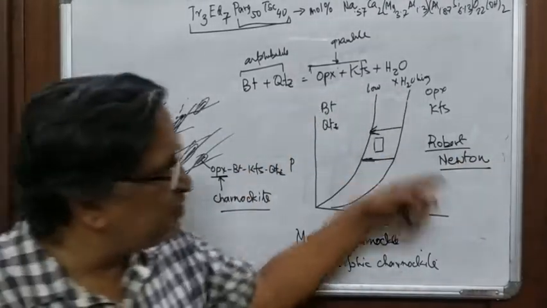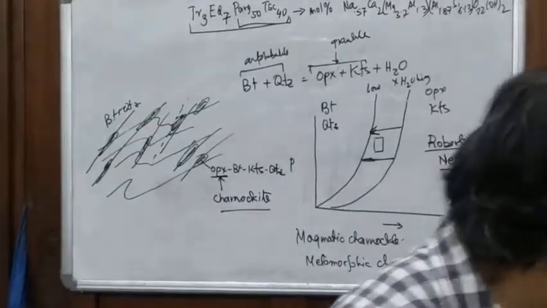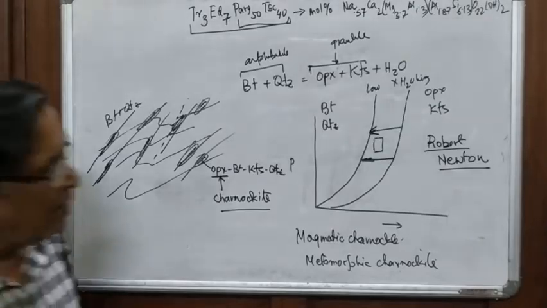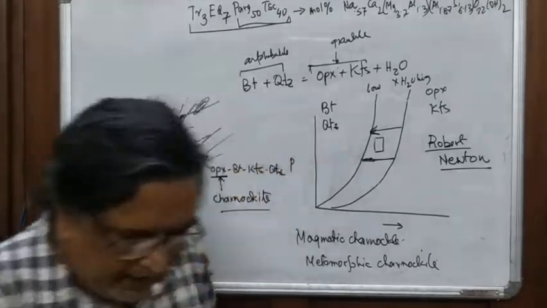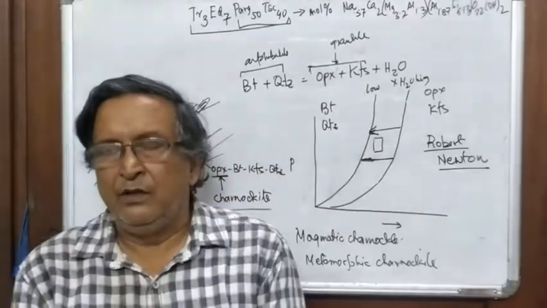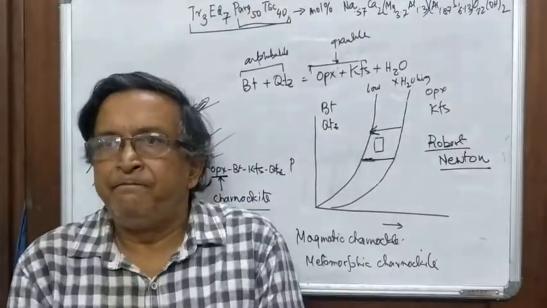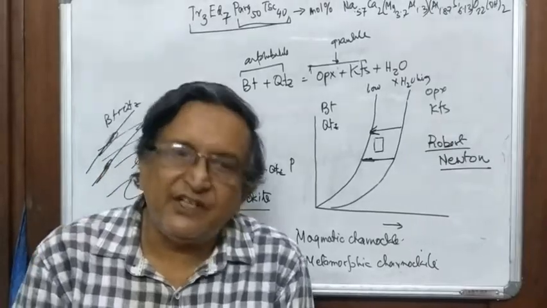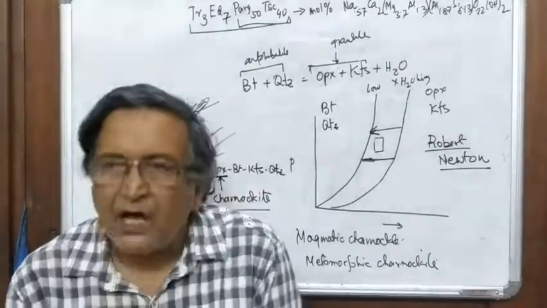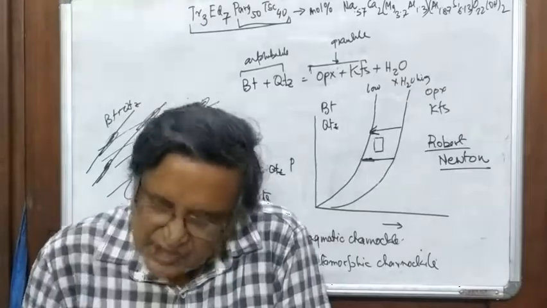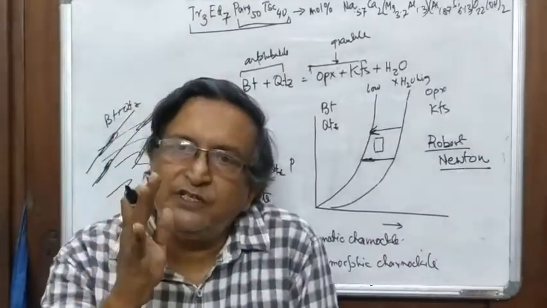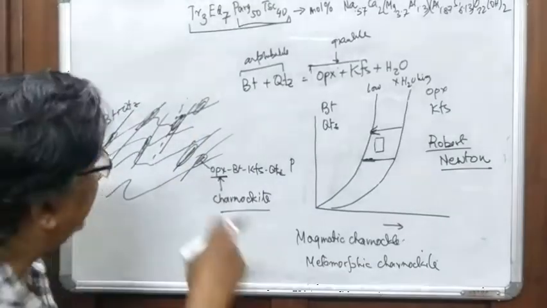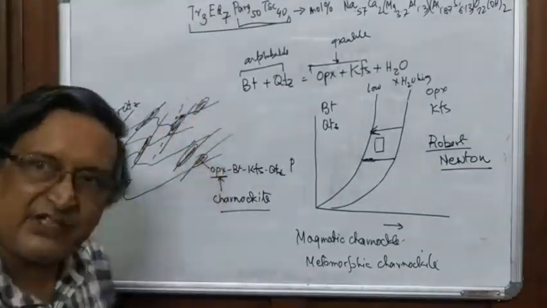They published a paper in Nature, and they said that what we can do is, from the mantle, when gases are coming up, you can take that gas, which is carbon dioxide rich, and if there are channel ways to channelize this CO2 rich fluid, it would displace the H2O and could cause charnockitization.